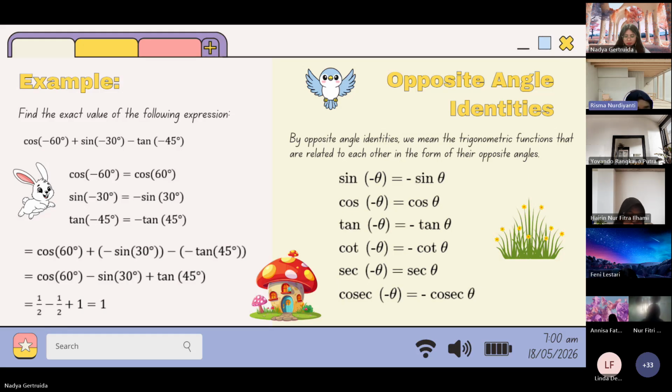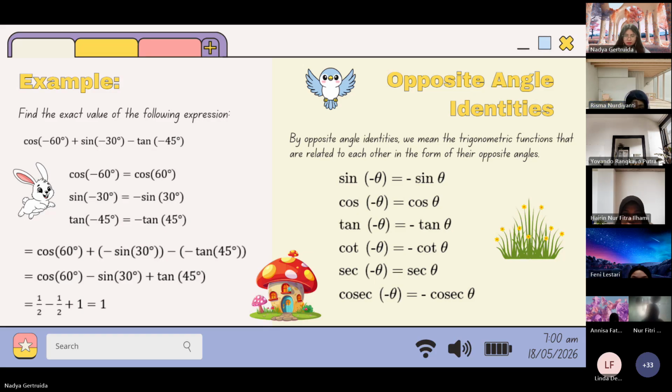Tangent negative 45 degrees equals negative tangent 45 degrees. And substitute this into the equation: cosine 60 degrees minus sine 30 degrees plus tangent 45 degrees. Now, substitute the values: 1/2 minus 1/2 plus 1. Therefore, the result equals 1.